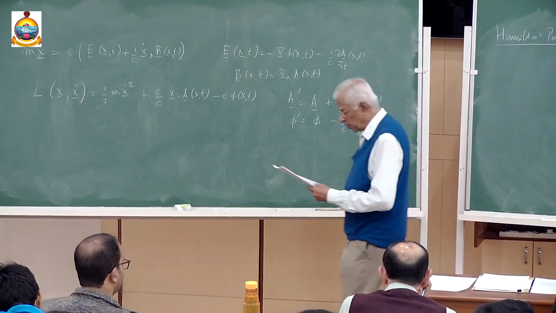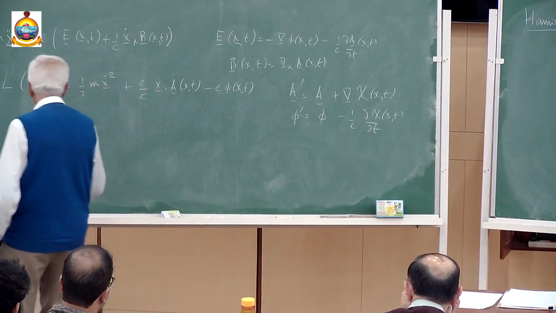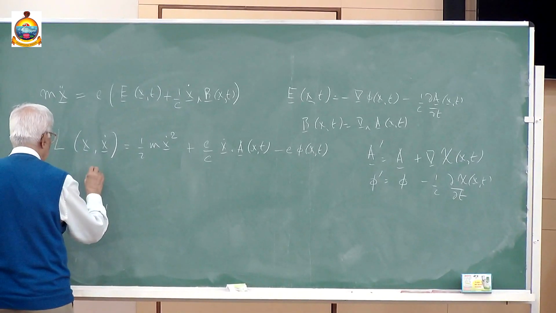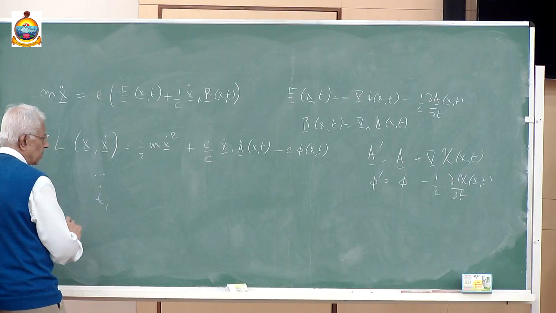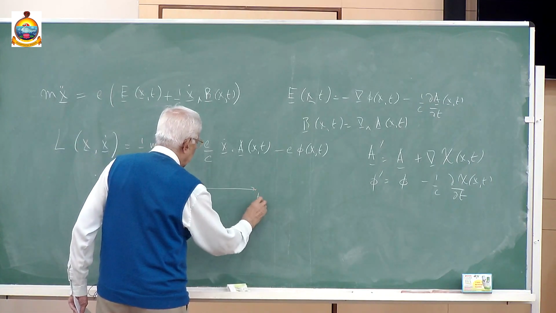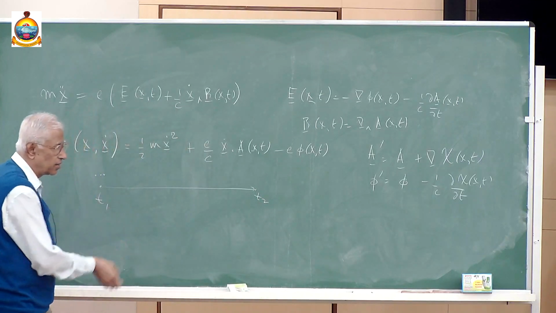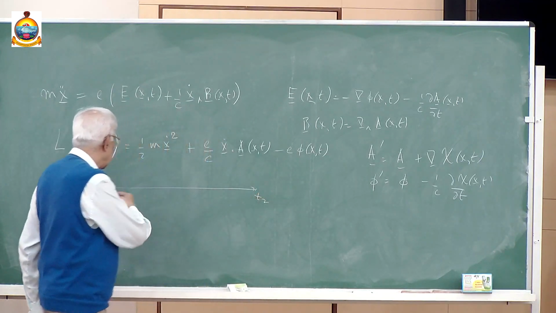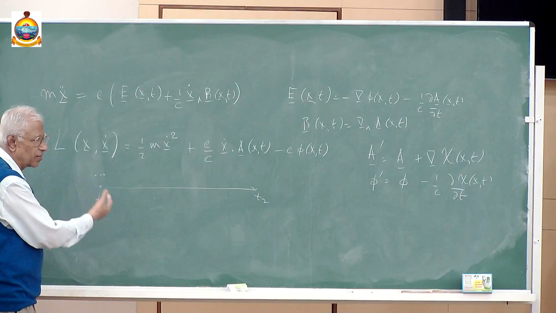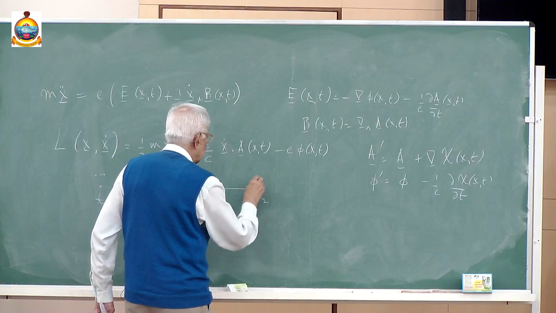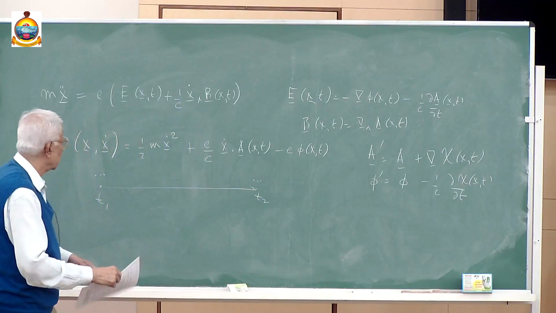The basic idea is the following. Suppose you are given a time t1 and you know the variables of the system at that time, and then you say, I do not want to give differential equations of motion. I choose a time t2 later, finitely away from t1, not infinitesimal, and then I give some information here.